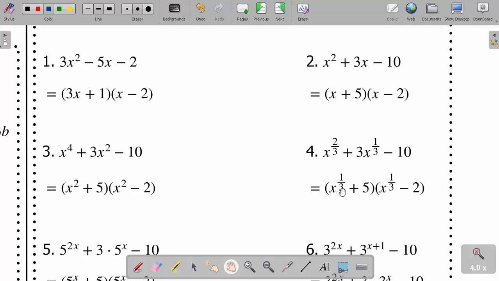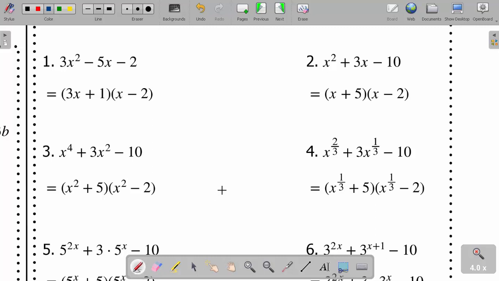So note that if I multiply x to the power a third times x to the power a third, I get x to the power 2/3. I don't know if you see that, or must I show it to you? You can say, how does it come about? It comes about like this. Check this, guys.